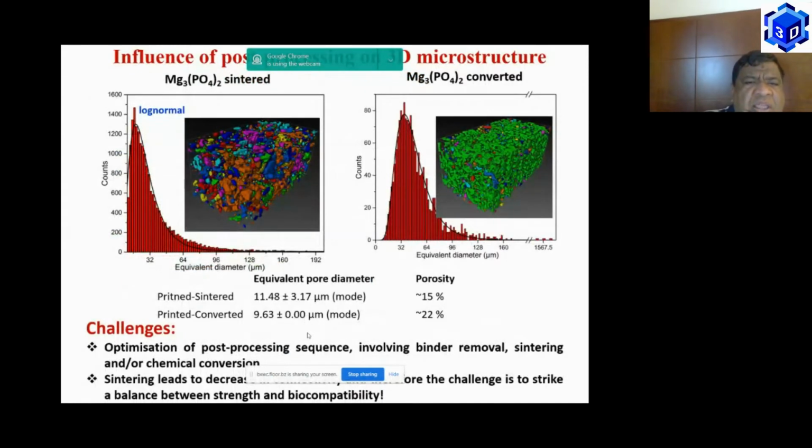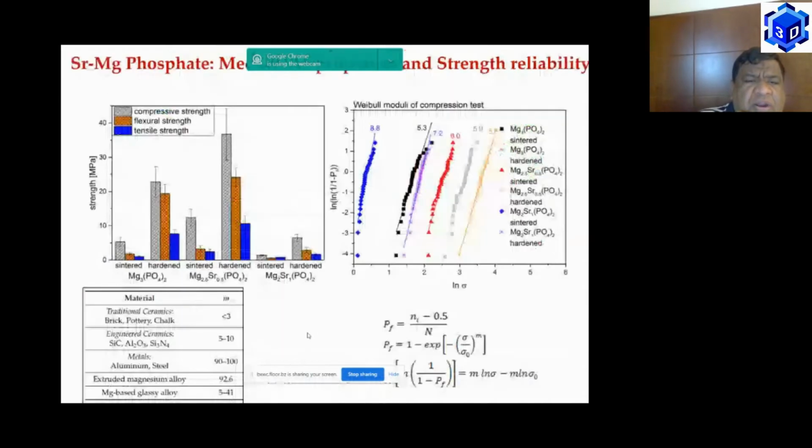Importantly, when materials are printed and converted, we have found their pore size distribution shows a log normal type of distribution, with pore diameter around 30 to 40 microns.